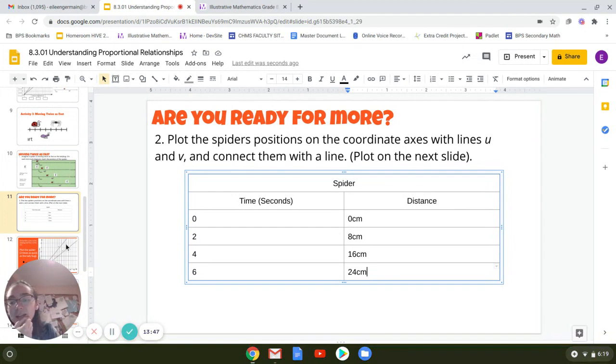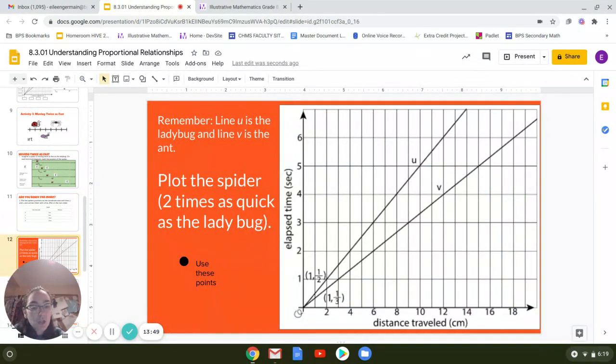So now I'm going to come to my next point here, this guy over here. So we know that when we went 2 seconds, we have our first point going to be at 0, 0. So 0 seconds, we're at 0 centimeters. So I'm going to put the point right there. It's kind of a little bit big, but it's okay. Then we know after 2 seconds, he traveled 8 centimeters.